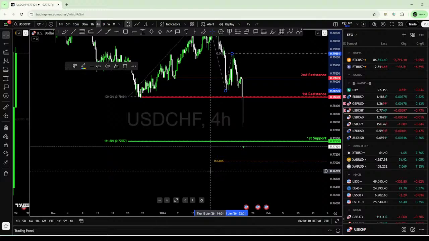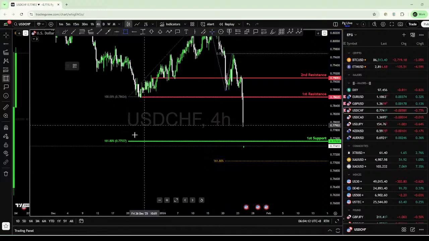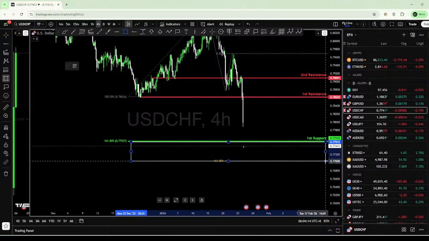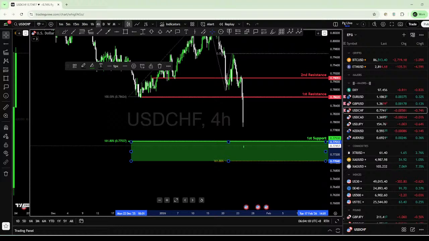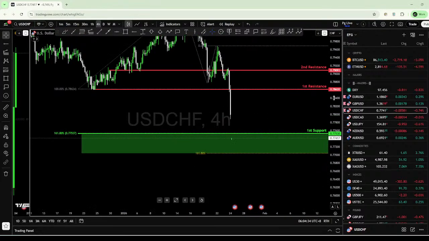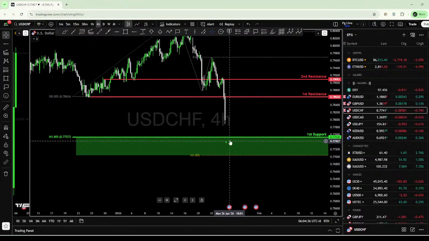Okay, I'm gonna tell you that the zone is very big though. Here, the support level. Okay, right here. So now we might see the pullback.